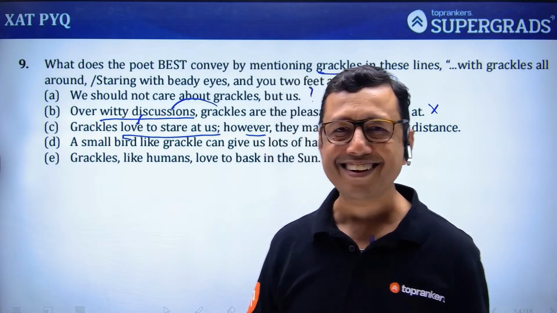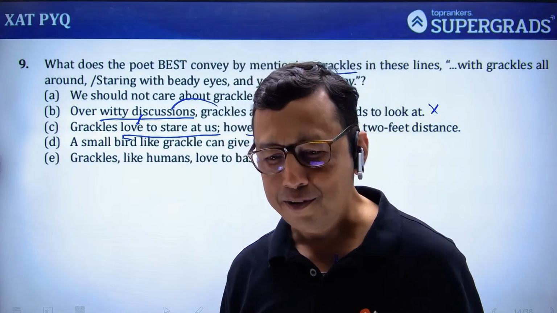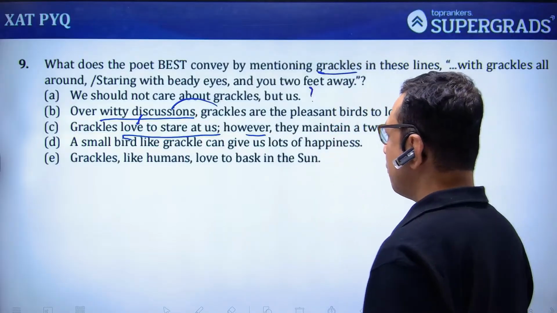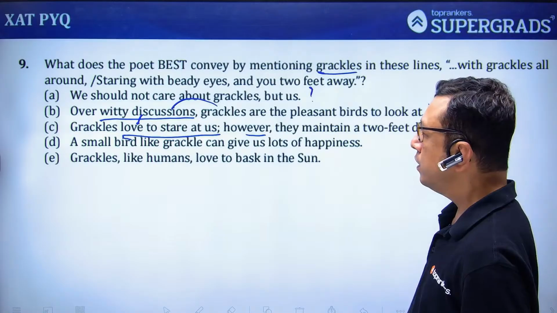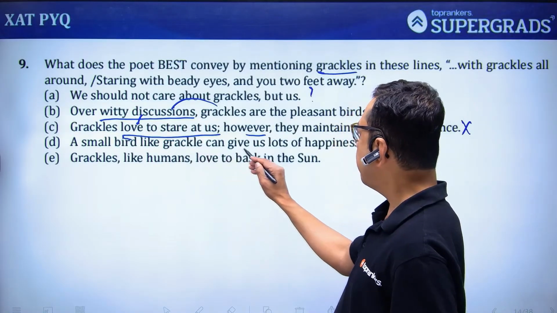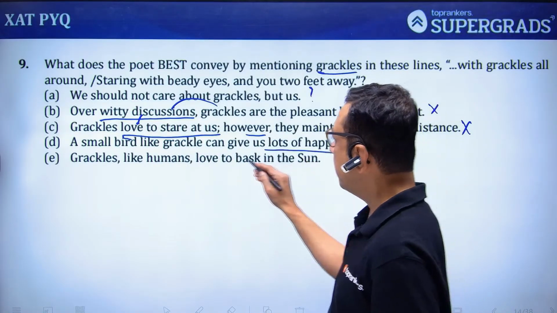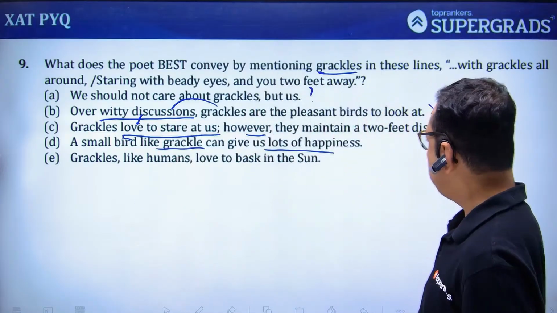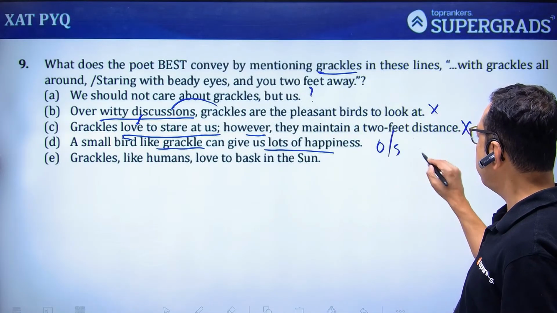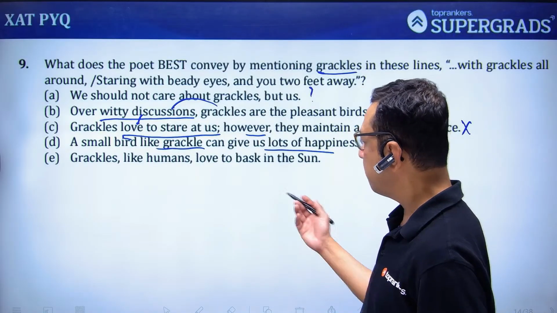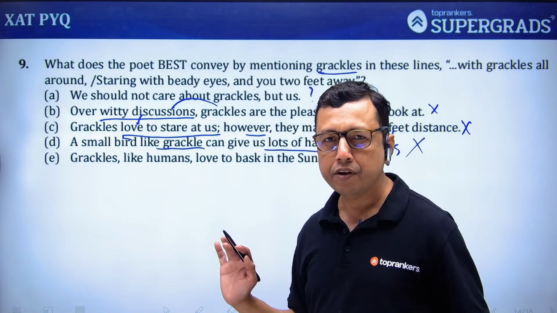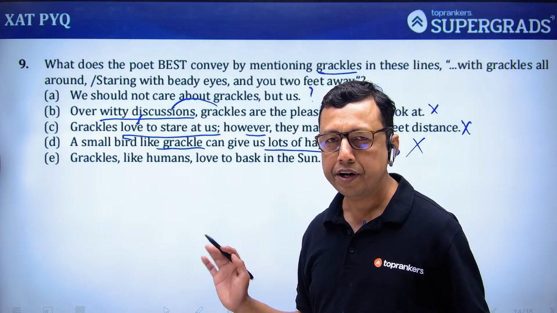There is no such indication in the passage, that's the point, right? So this is also out of scope. A small bird like grackle can give us lot of happiness. Grackles can give us happiness. This is also out of scope, not indicated in the passage. Grackles, like humans, love to bask in the sun. Characteristic feature of grackles is not indicated in the poem.